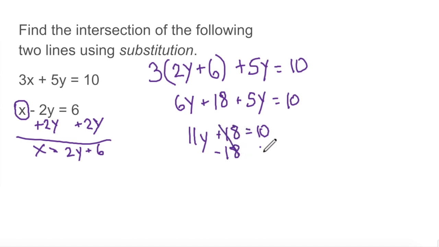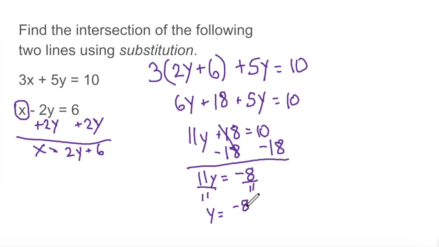Cancel out. Minus 18 here. And we get 11y equals 10 minus 18, that's negative 8. And then when we divide both sides by 11, we get y equals negative 8 over 11.